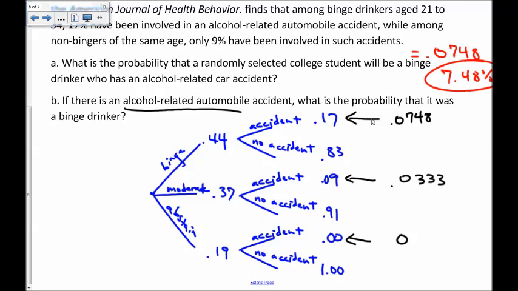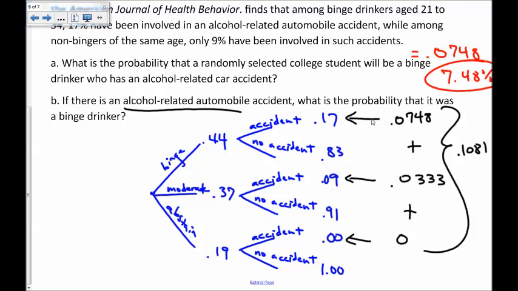Okay, now I'm looking at these 3 cases, so I will add these up. 0.0748 plus 0.0333, and I get 0.1081.